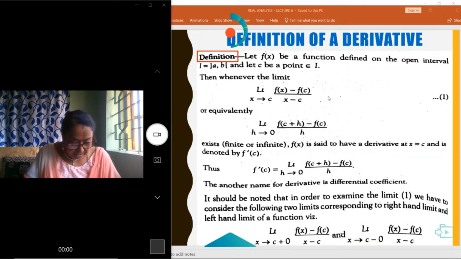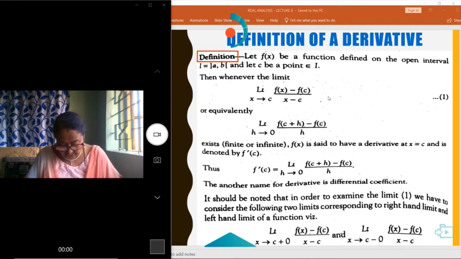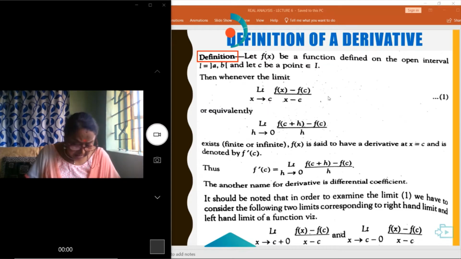Let f(x) be a function defined on the open interval I, written as open interval (a, b), and let c be a point in I. Then the limit as x tends to c of (f(x) minus f(c)) divided by (x minus c), or equivalently, the limit as h tends to 0 of (f(c plus h) minus f(c)) by h, if it exists, is said to be the derivative at x equal to c and is denoted by f dash c.